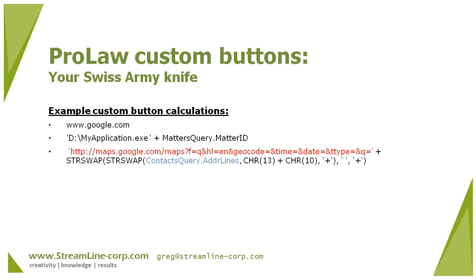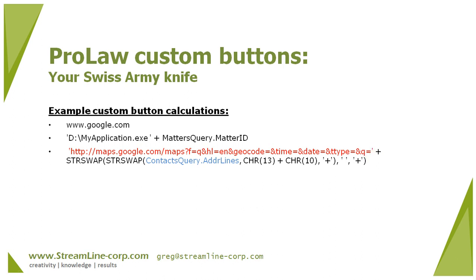And then a little fancier way of getting Google to map the address for a contact. The stuff that's in the red here is the URL that works most reliably for getting a map pulled up in Google.